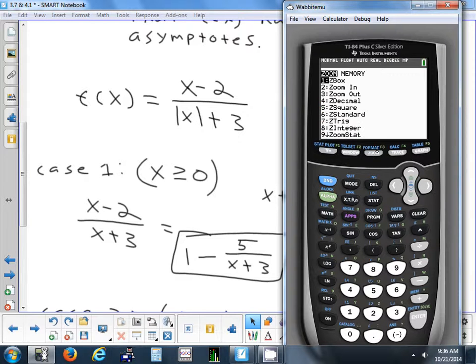I think a standard window should probably do it. All right, let's set that y-axis a little smaller because we know our asymptotes are -1 and 1, which means we don't really need to look much beyond that. Let's try -2 to 2 on the y-axis.